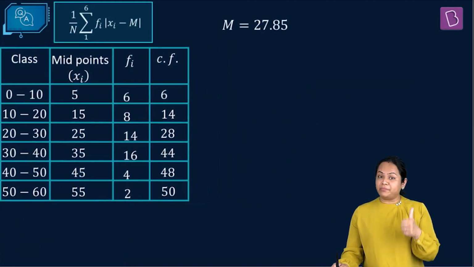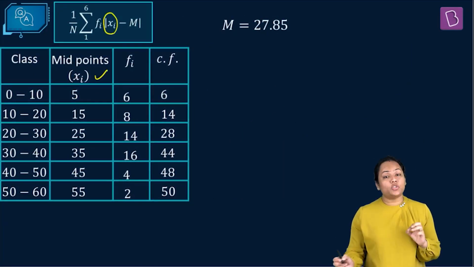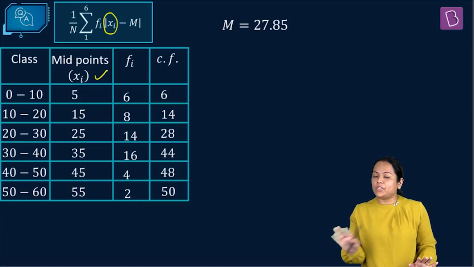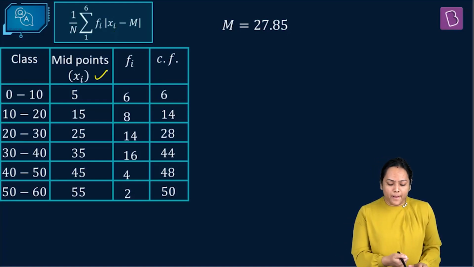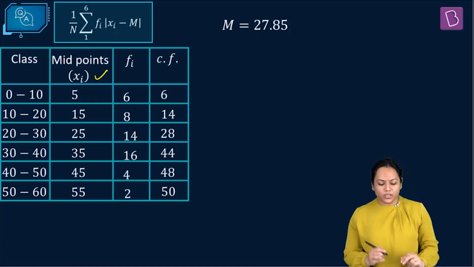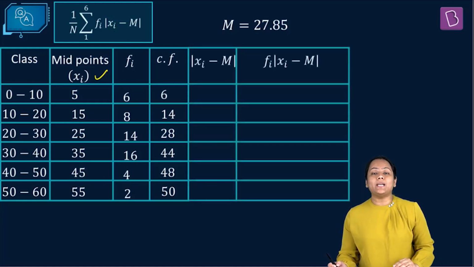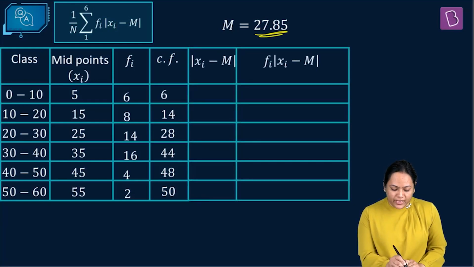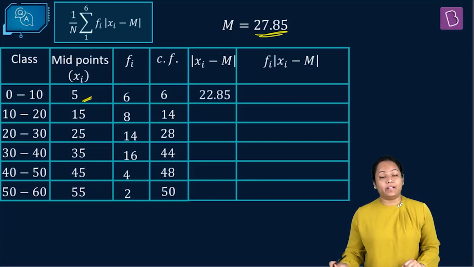We have every term with us now, isn't it? We already have median, we already have xi's. Xi's are the midpoints which we have just written, and I have capital N with me, that is 50, summation of fi. So let's quickly form some tables for the modulus of xi minus M as well as fi multiplied by that part. So my M is 27.85 and my xi for the first class is 5. The difference is 22.85.